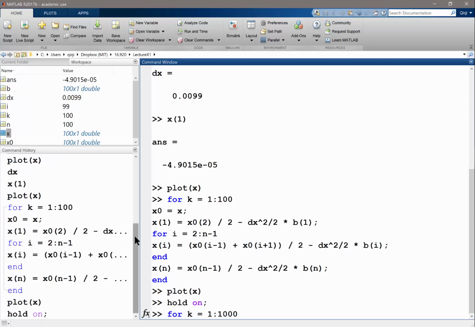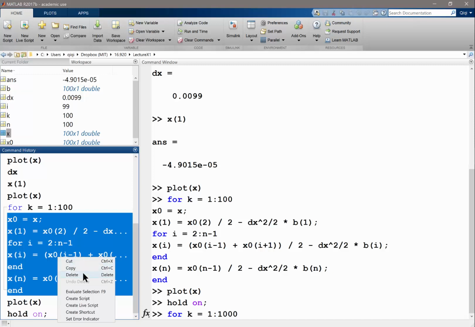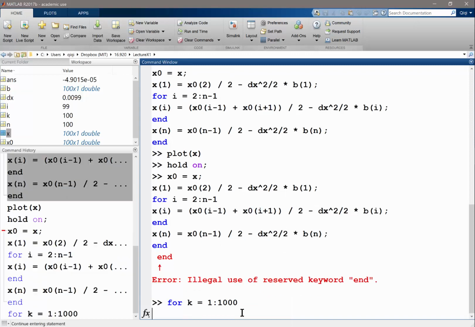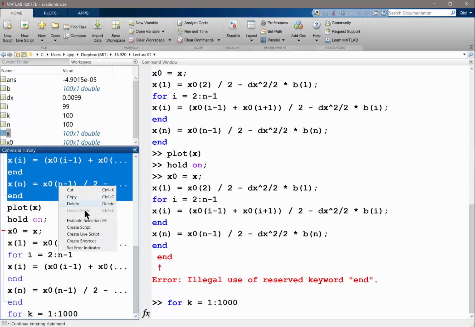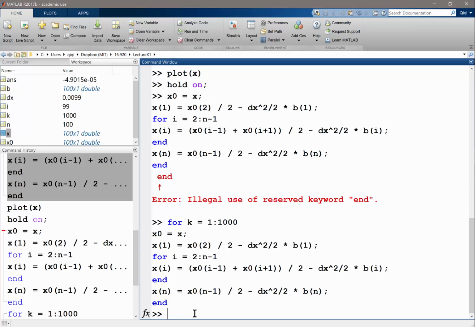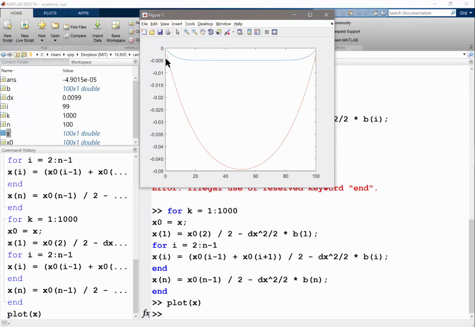So let's see what I get for k equal to 1,000. Let's perform another 1,000 iterations and evaluate. Now I did 1,000 iterations. Plot it. So 100 iterations, 1,000 iterations, they have been updated a lot.